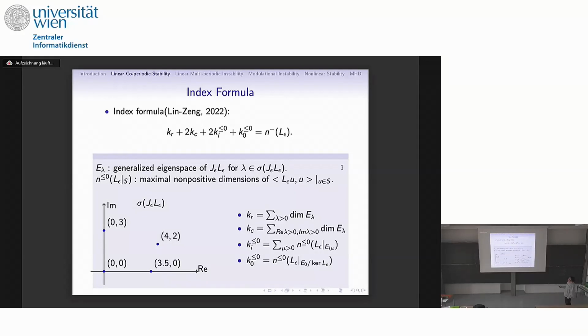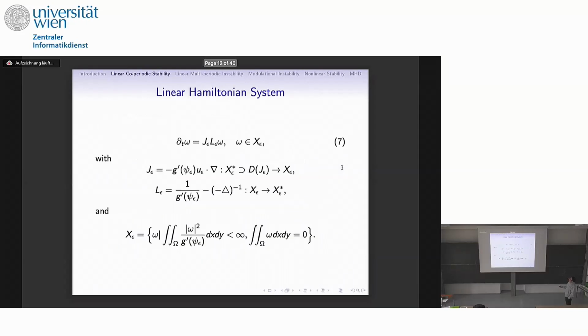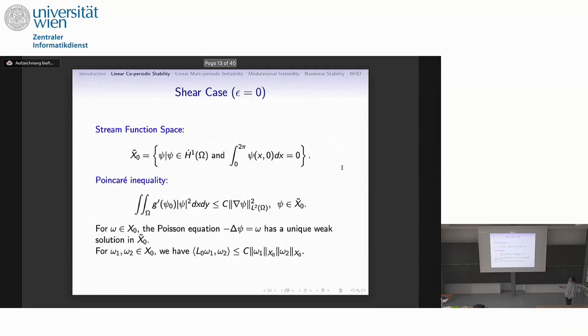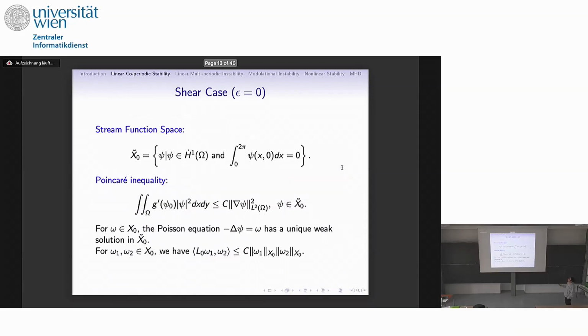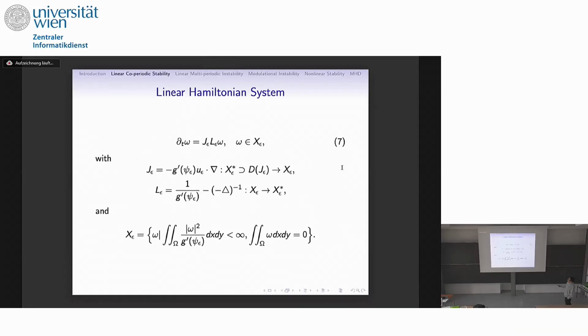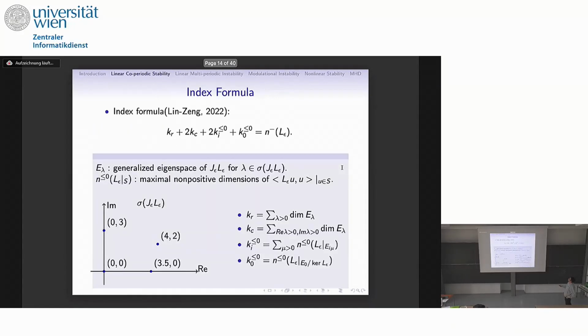The formula we obtained for this very general Hamiltonian system is, for one conclusion, the following. The right-hand side is the number of negative directions of the quadratic form of L epsilon. If you write down the quadratic form of L epsilon, you can count how many negative directions it has. Let's denote it by n minus L epsilon.